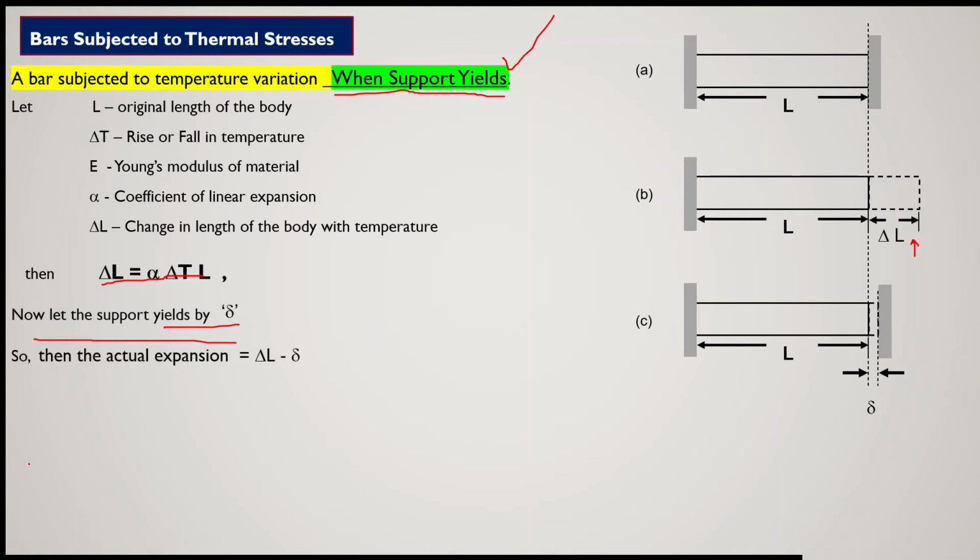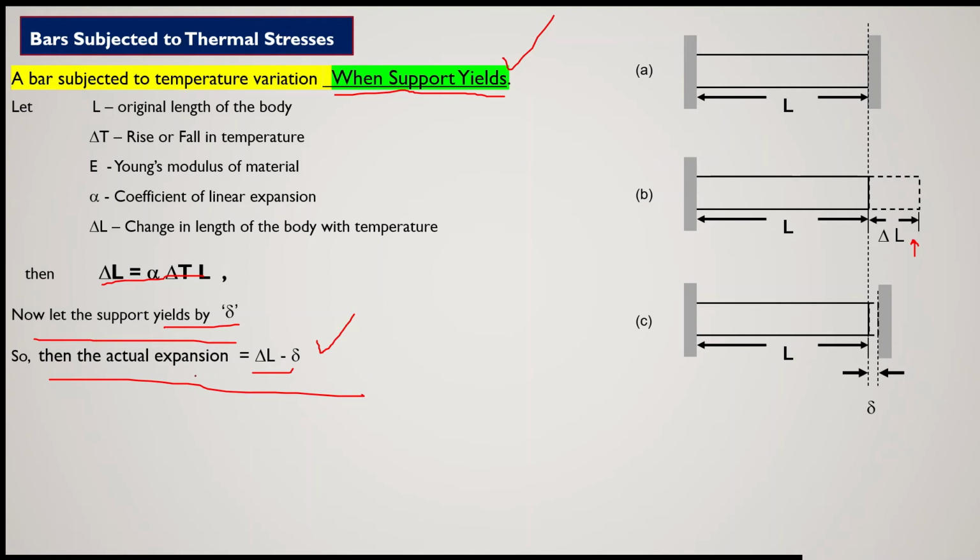So what will be the actual expansion? The expected expansion required was delta L, but because the support itself yielded by delta, in the actual condition, the actual expansion due to temperature rise delta T will be equal to delta L minus delta.